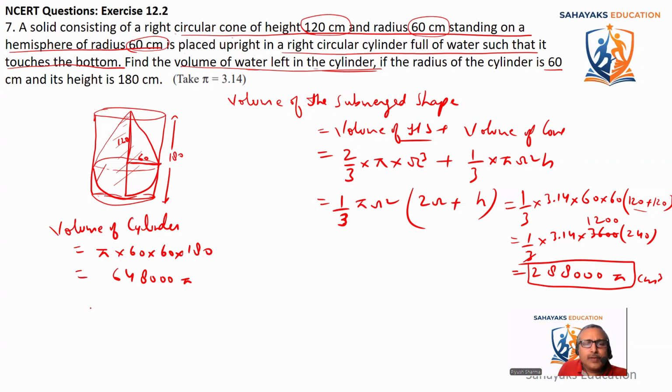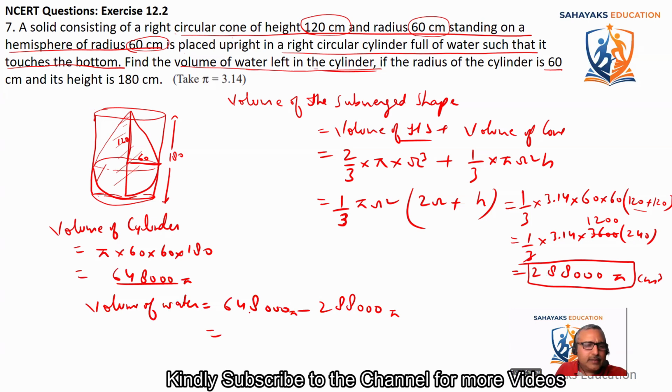Now we have to find the volume of water. So volume of water is equal to 648,000 minus this value, 288,000. This is pi, actually. Okay. That comes out to be 360,000 pi.